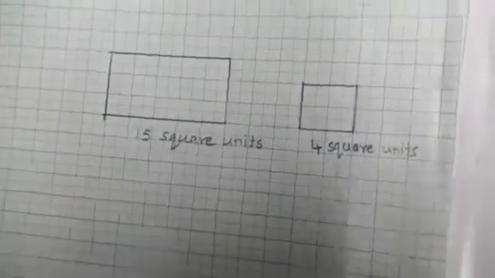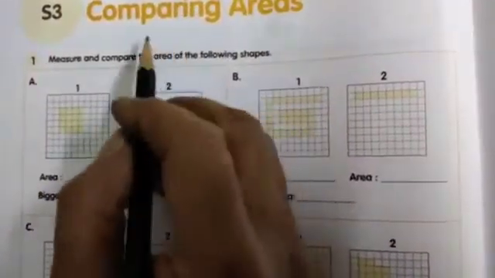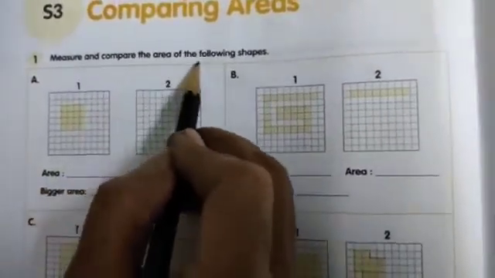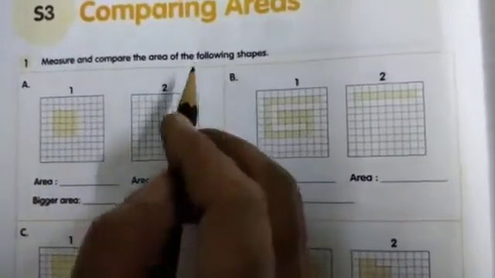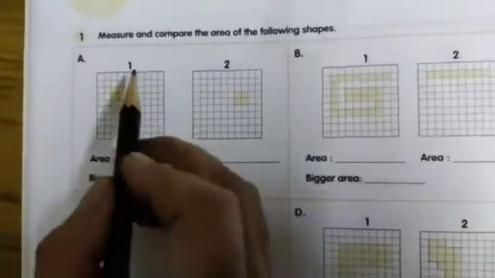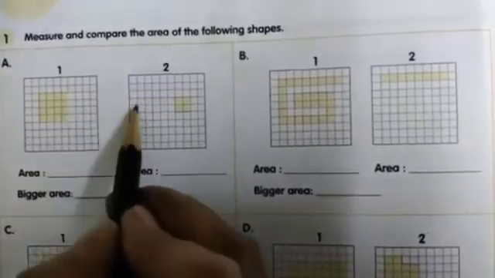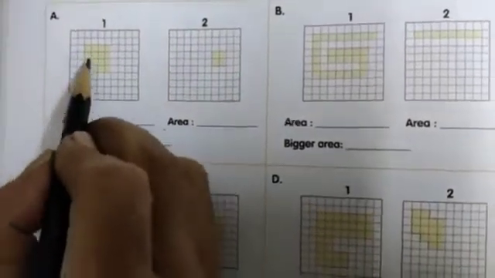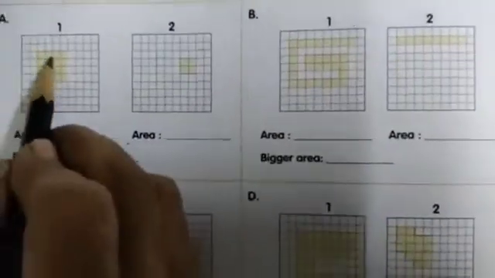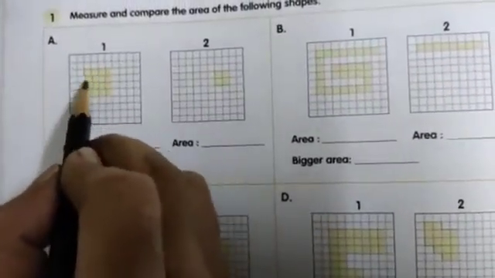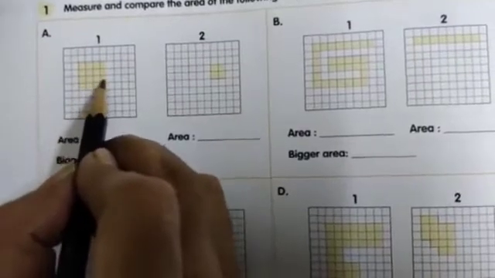Okay, now open your workbooks here. First question, measure and compare the area of the following shapes. A bit, you have to compare the first one and second one. 2 shapes are given, you have to compare and write the answer, which has the bigger area. Here shaded parts you have to count. This is square paper, some squares are shaded, that you have to count. 1, 2, 3, 4, 5, 6, 7, 8, 9, 10, 11, 12, 13, 14, 15, 16.